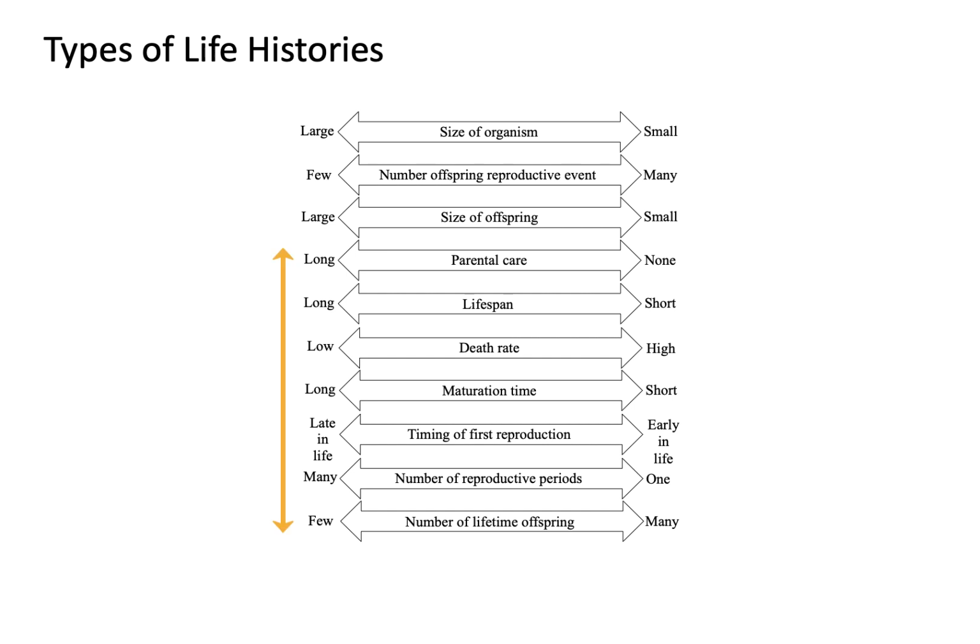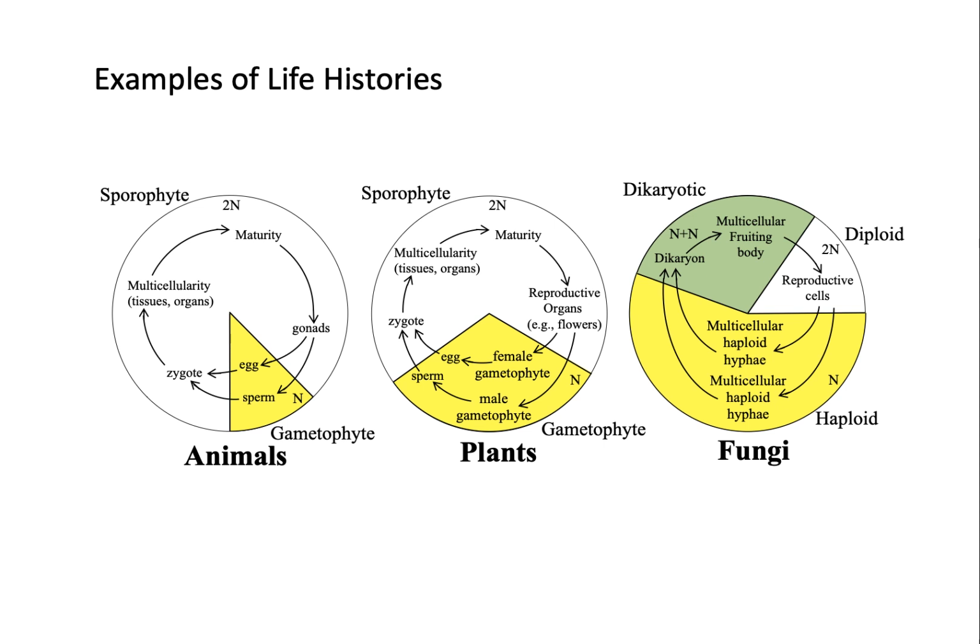So you can have essentially different combinations of each one of these, creating a different form of organism, a different lifestyle, where they live, how long they live, how large they are, etc. Even when looking at a fairly limited sampling of organisms such as animals, plants, and fungi, you find quite a bit of variation in their life history.